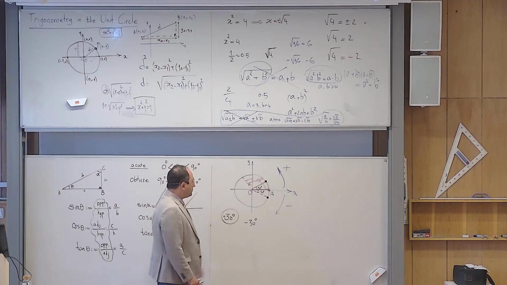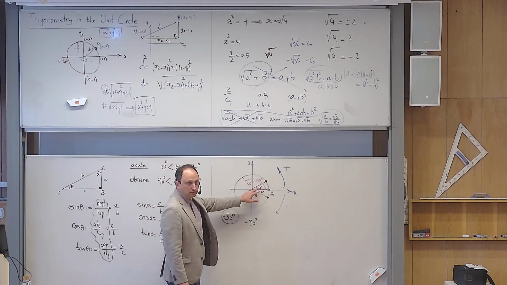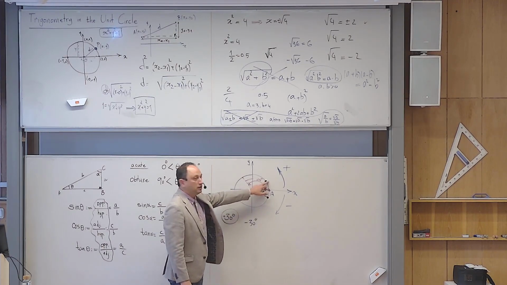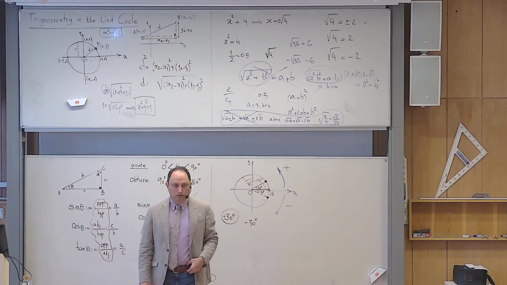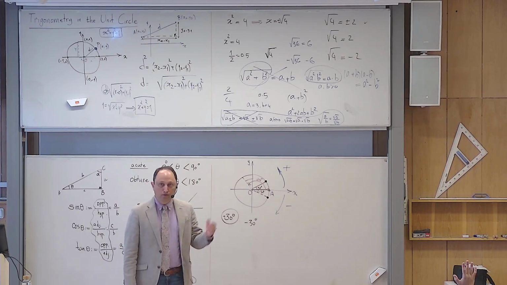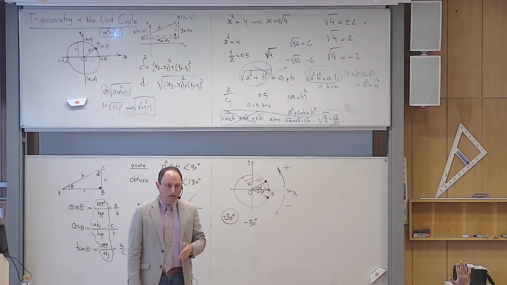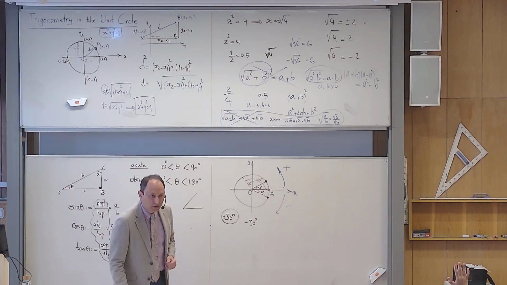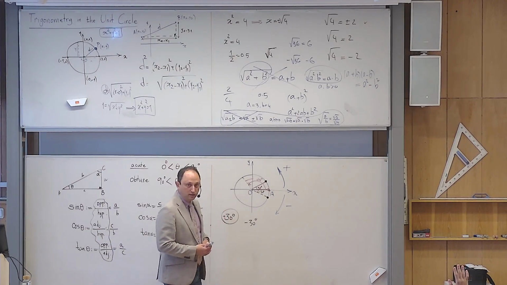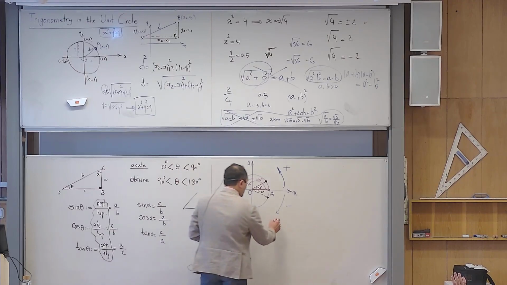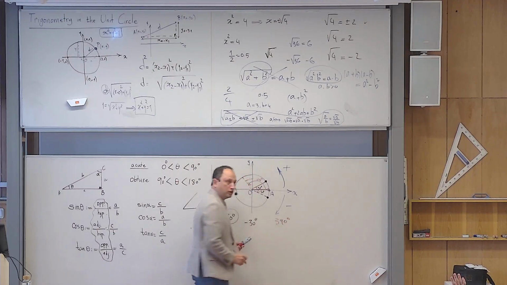Now, can you tell me another angle that ends up here, but it is not 30 degrees? I just want to see. Anyone else? Yes? What? 390. Yeah, that's correct. Do you agree?